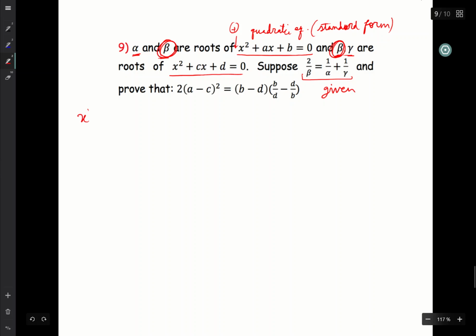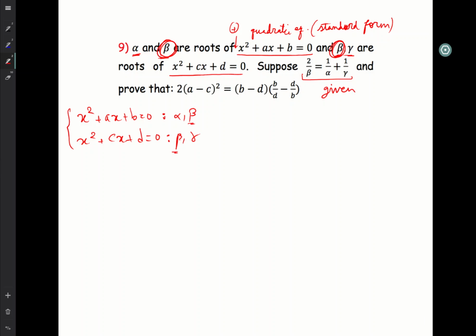Alright, x squared plus ax plus b is 0, the roots are alpha and beta. X squared plus cx plus d equals 0, the roots are beta and gamma. So beta is the common root, right? And if you recall about the common root, we know that beta satisfies the two equations. So beta squared plus a beta plus b is 0, and beta squared plus c beta plus d should be equal to 0.